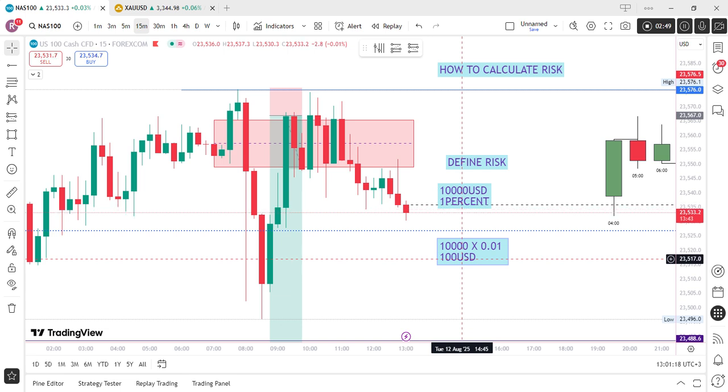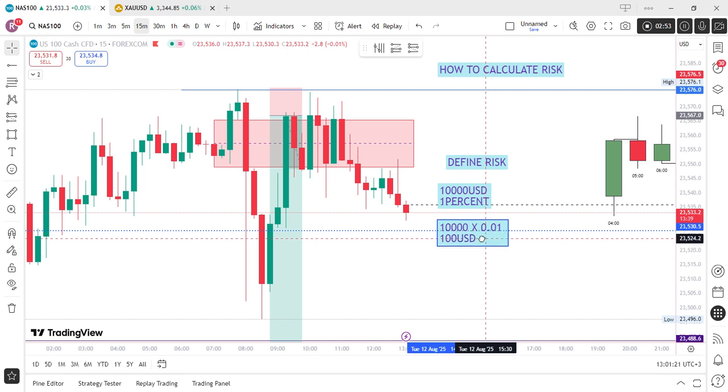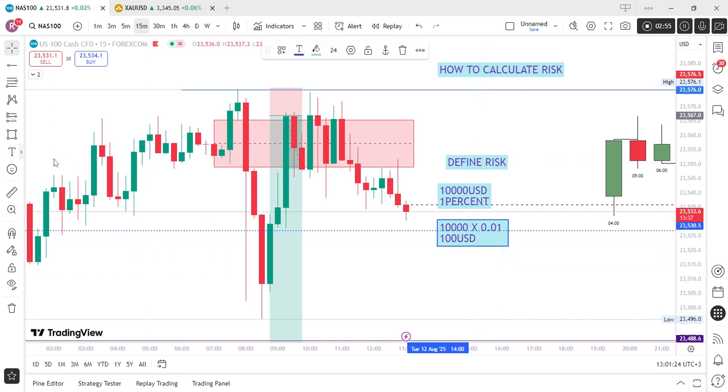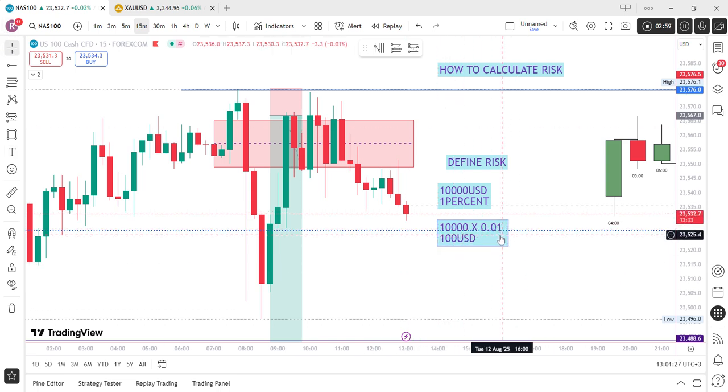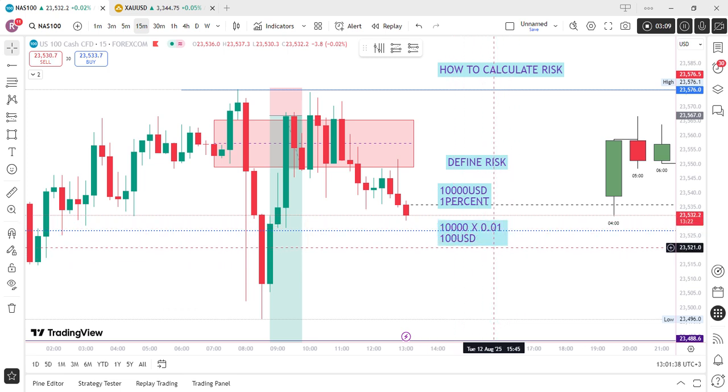And this is based on a 10,000 USD account. If you're trading a 100,000 USD account, you do the same thing. You just take 100,000 times 0.01, and you get $1,000 per trade. If you're trading 50,000 USD, you take 50,000 times 0.01, and you get around 500 USD, and so on.